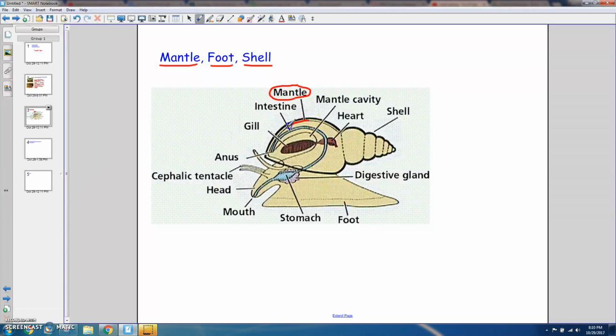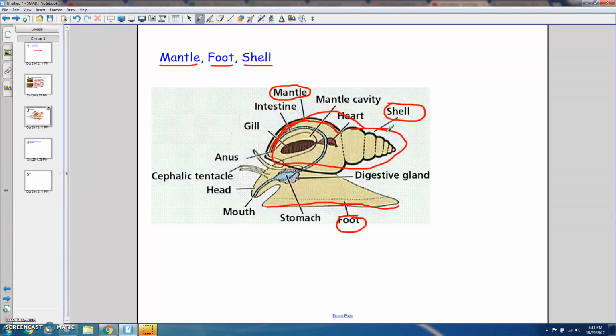The mantle is a thin layer of tissue that is adjacent to their shell, and it is what secretes the shell, the calcium, so that they can grow and also repair. They also have a fairly large muscular foot, as you can see right here. And then, of course, they have the shell. So these three basic things we find in a variety of designs and abundance in different classes of mollusks.